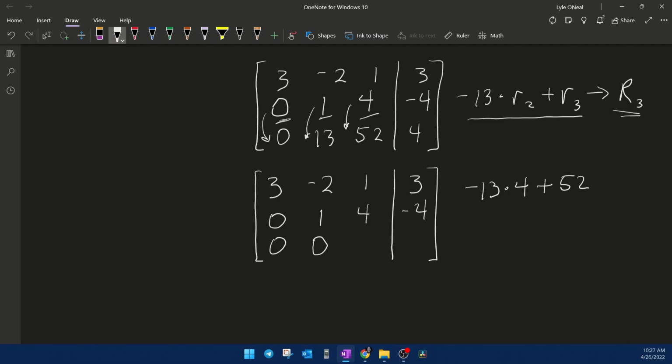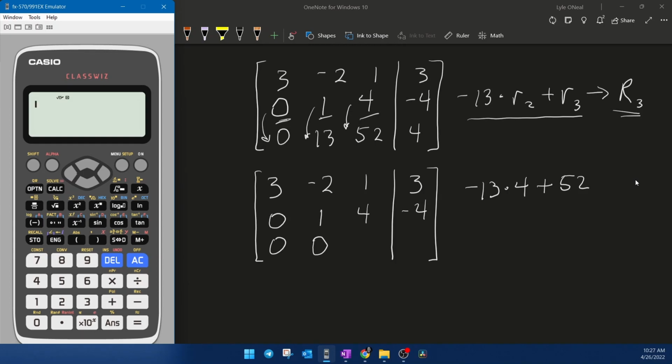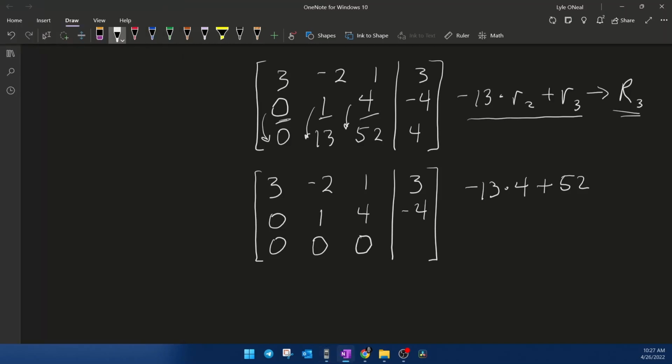That's going to be calculator worthy. So pulling up my handy dandy class whiz, we're going to have -13 times 4 plus 52. Oh, and that's 0. So that's going to give me a 0 in this position. That's a bad sign. All right, let's see how we're going to finish this.